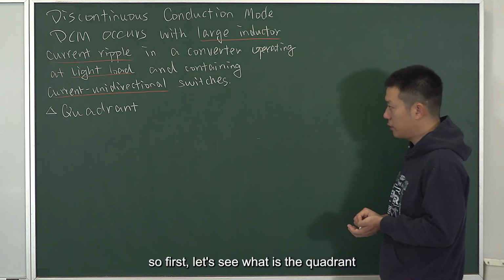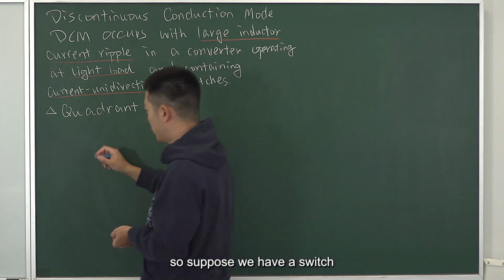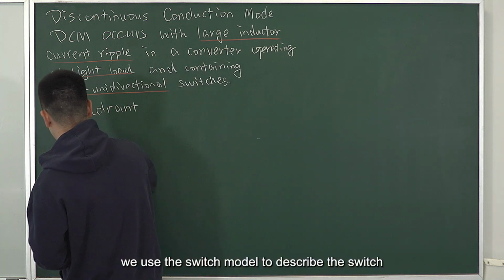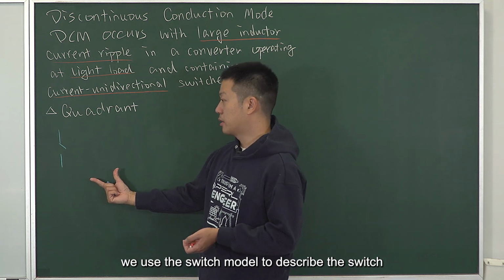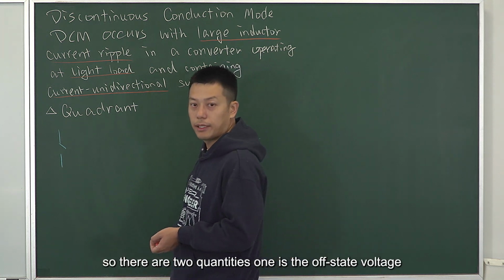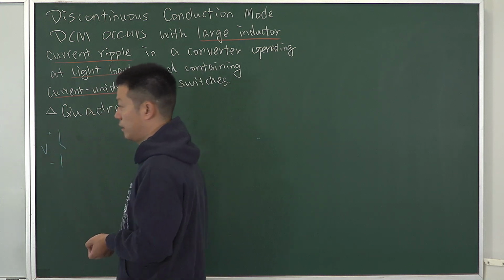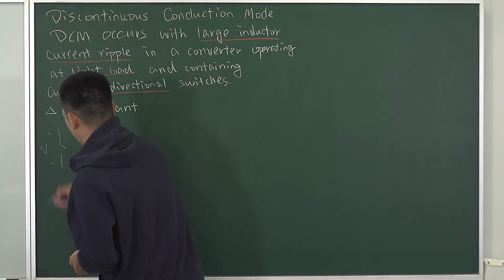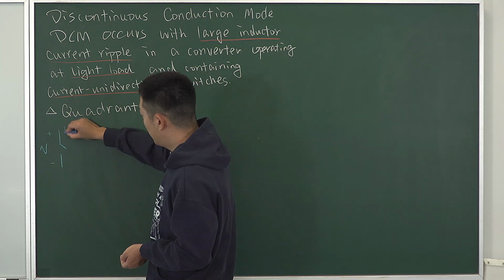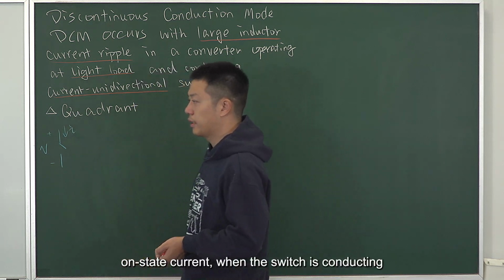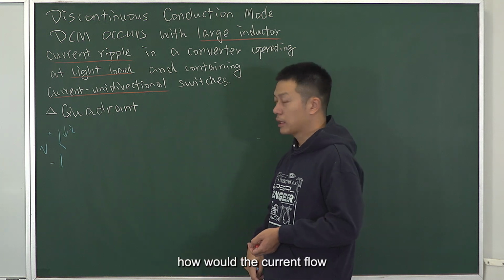So first, let's see what is the quadrant. Suppose we have a switch. We use the switch model to describe the switch. There are two quantities. One is the off-state voltage. We use V to denote it. And the second one is the on-state current. When the switch is conducting, how would the current flow?